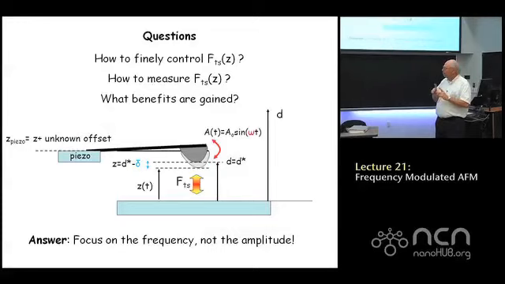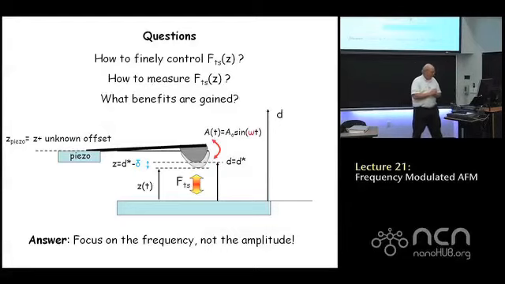And in the process of doing that, what we're going to learn is that you can map out with very high precision the tip sample force as a function of tip sample separation. Right? We'll be able to actually map that out just by measuring frequency shifts in the cantilever as the substrate is allowed to approach the cantilever. So that's the big picture, that's the outline.